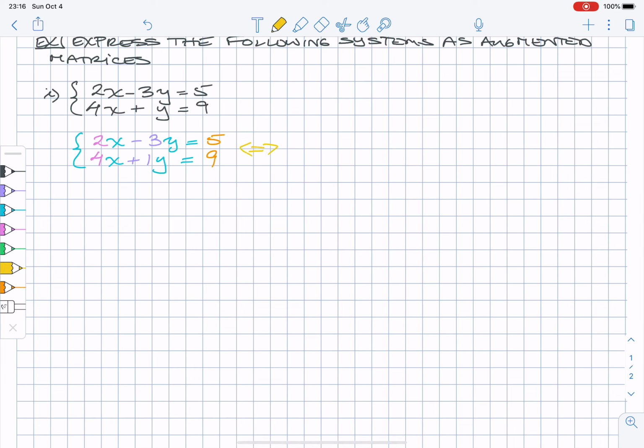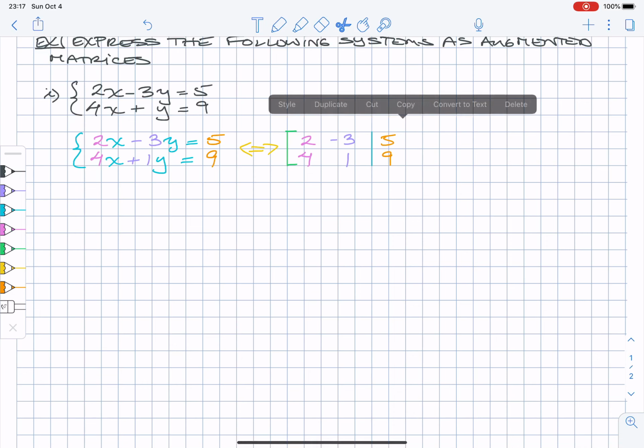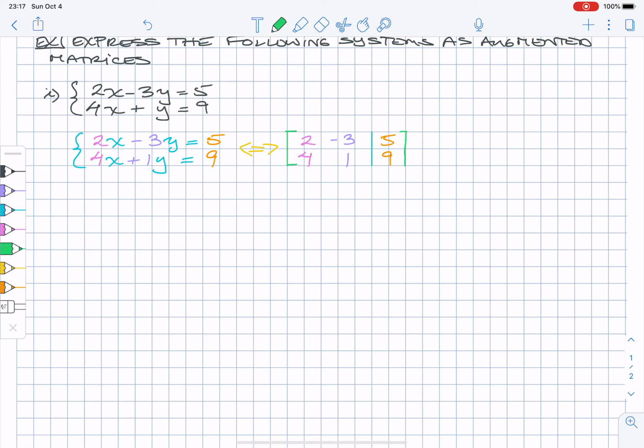So I claim that this is equivalent to the augmented matrix: 2 and 4 for the x coefficients, negative 3 and 1 for the y coefficients, a vertical line for the equal sign, and then 5 and 9 for the constant coefficients, the last column. There we go. Okay, so that's number 1.